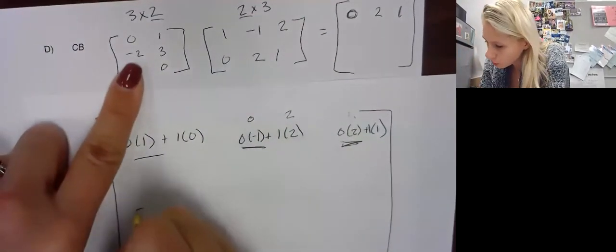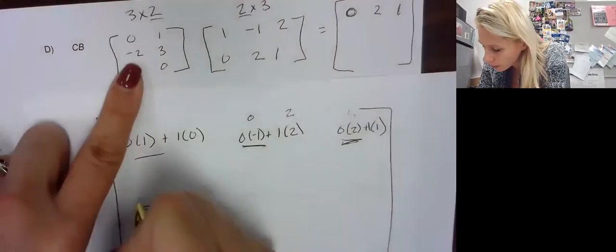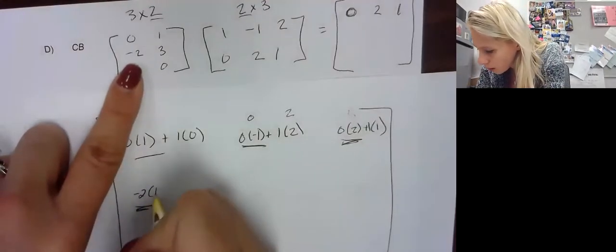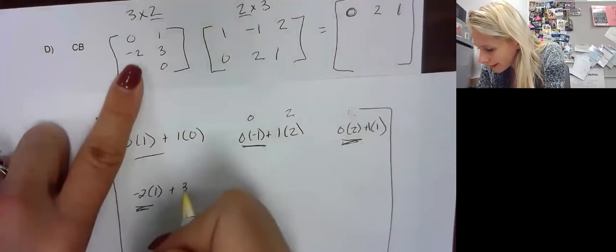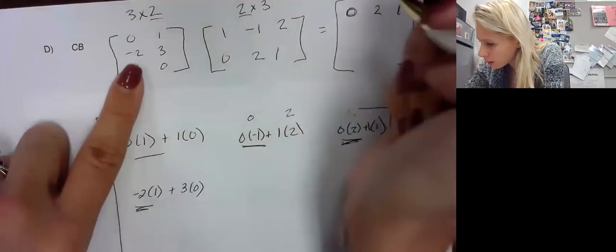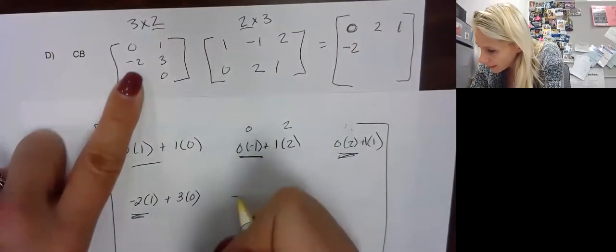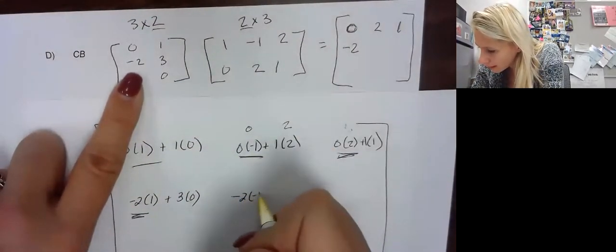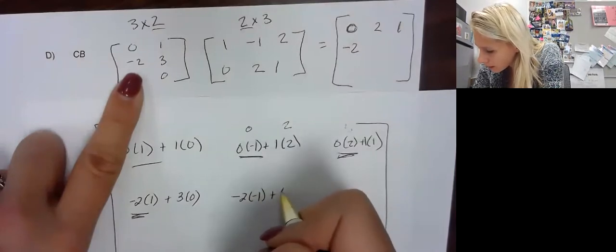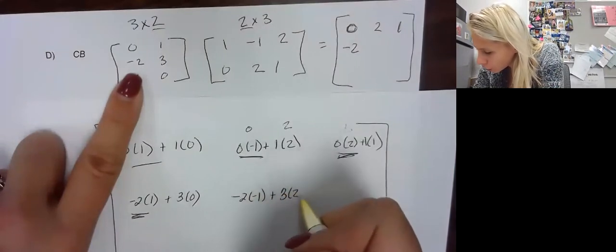This is row 2, column 1, so this would be negative 2 times 1 plus 3 times 0, just negative 2. I get negative 2 times negative 1 plus 3 times 2.